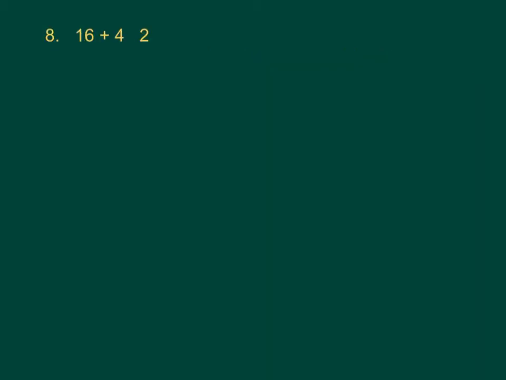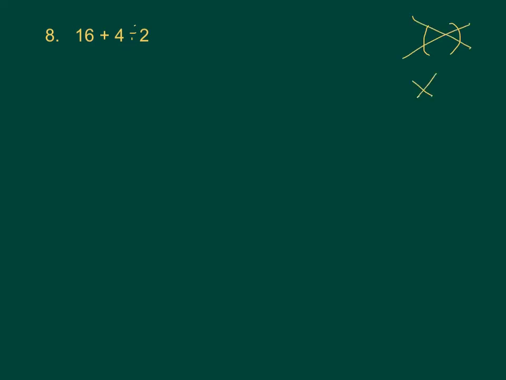Moving on again. Now, our directions are to use the order of operations to simplify each expression. Now, I need to finish this expression. It's 16 plus 4, and then divided by 2. So when I look at this expression, I have to say to myself, okay, order of operations. I have an addition operation I'm going to have to perform and a division operation I'm going to have to perform. I don't have any parentheses.